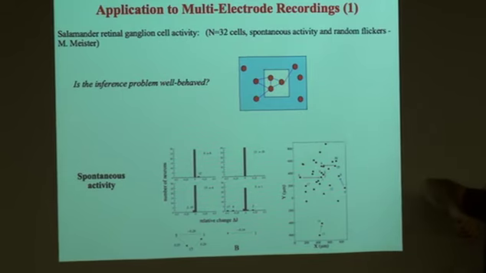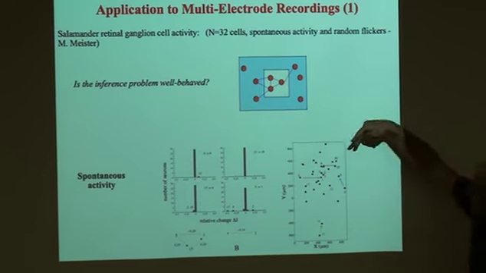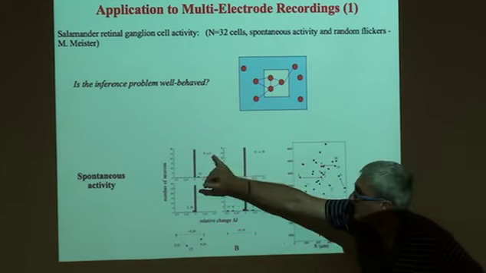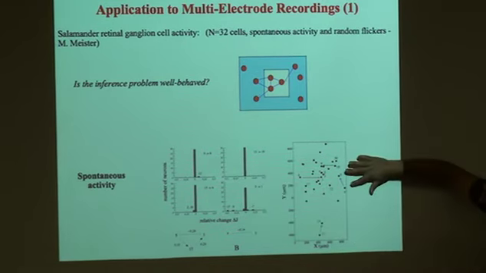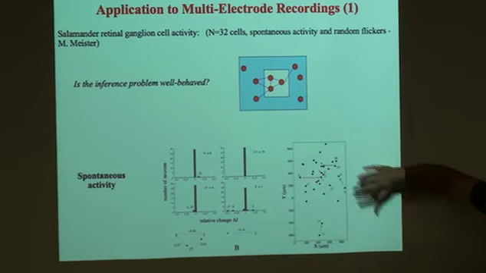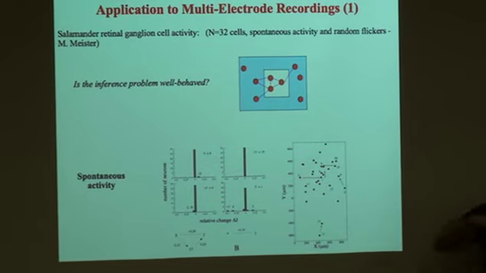Now we ask the following question. Suppose I consider a pair of cells, 9 and 8, and I look at the interaction going from 9 to 8. I got 32 cells, so I can remove one of the other cells from the dataset, then compute the new interaction between 9 and 8, and see whether it changes or not.